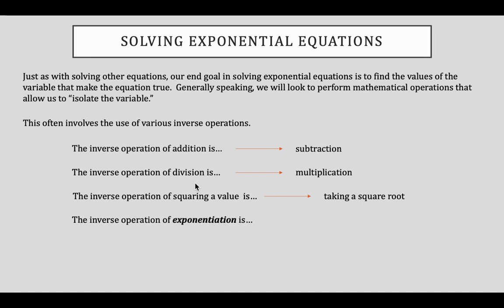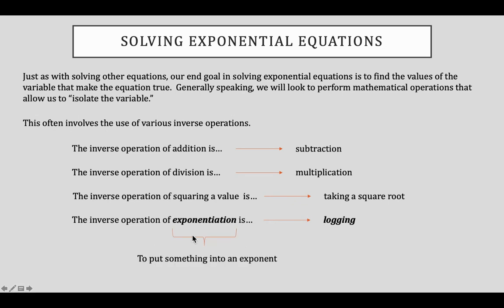And in this particular case, the inverse operation of exponentiation, and we've talked about this a little bit in the beginning of the chapter, exponentiation means to put into an exponent. What's the inverse operation of exponentiation? That is going to be logging, all right?